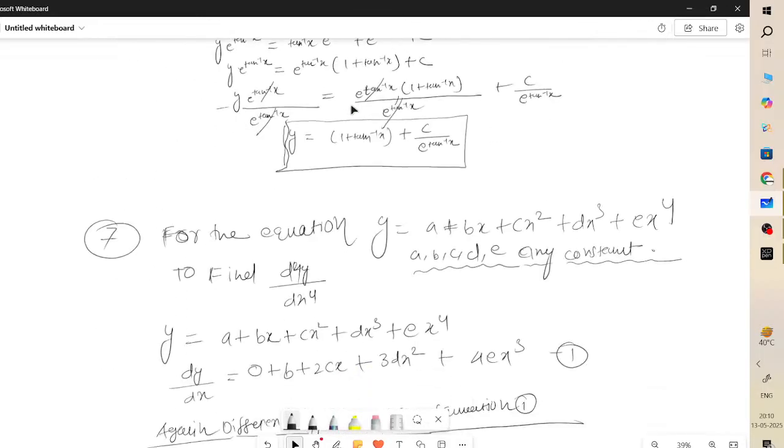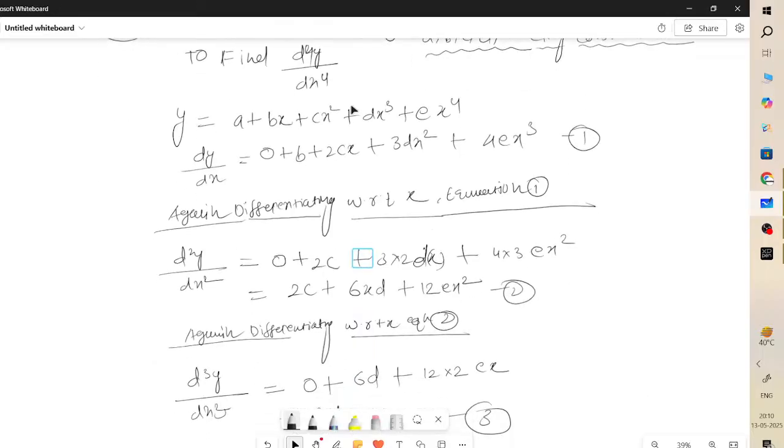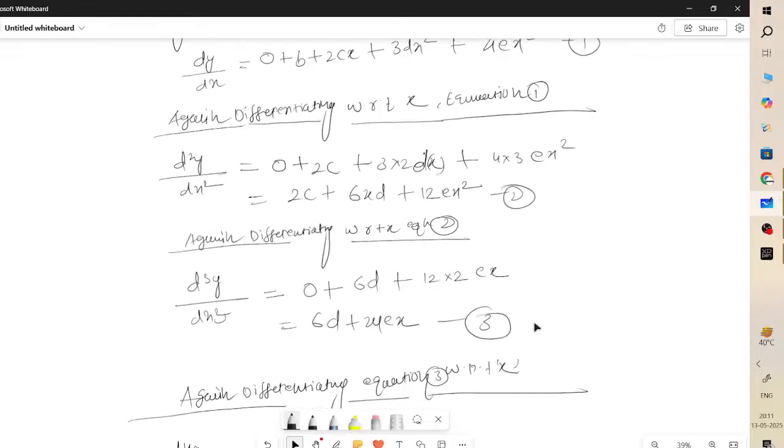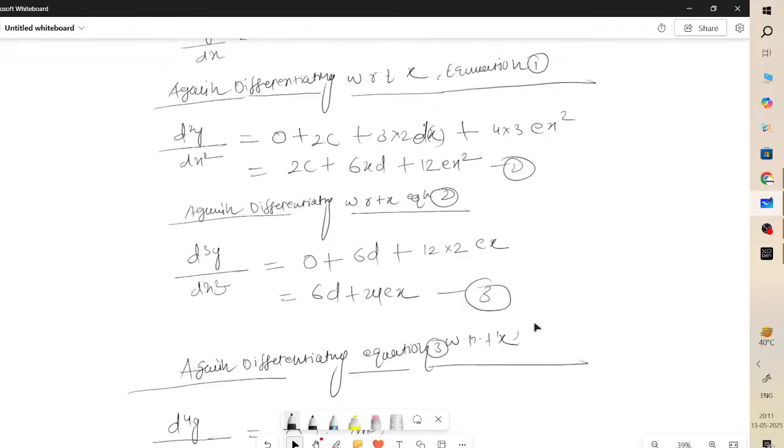So in total we have done 6 questions which were asked in the previous year examination, and on this similar pattern the question was asked. Got it? These are the patterns on which previous year questions were asked.